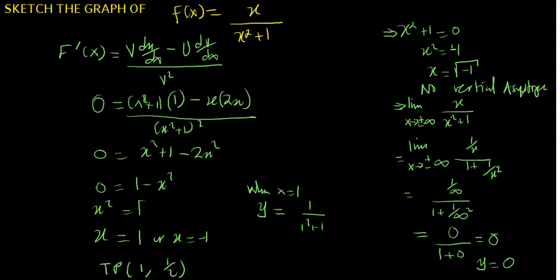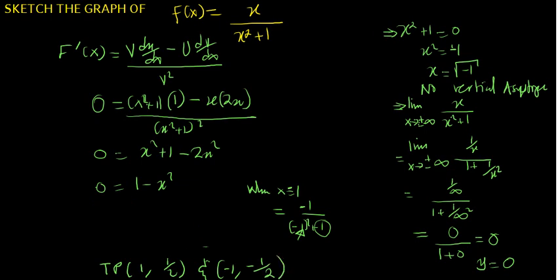And then we also have x to be negative 1. So put a negative 1 here, but we are squaring that, and also on top a negative 1. When x is negative 1, y is going to be what? Negative 1 squared is still a 1, and 1 plus 1 is still a 2 in the denominator. It's just that on top we have a negative, so that is going to be negative 1 over 2. So those are the turning points.